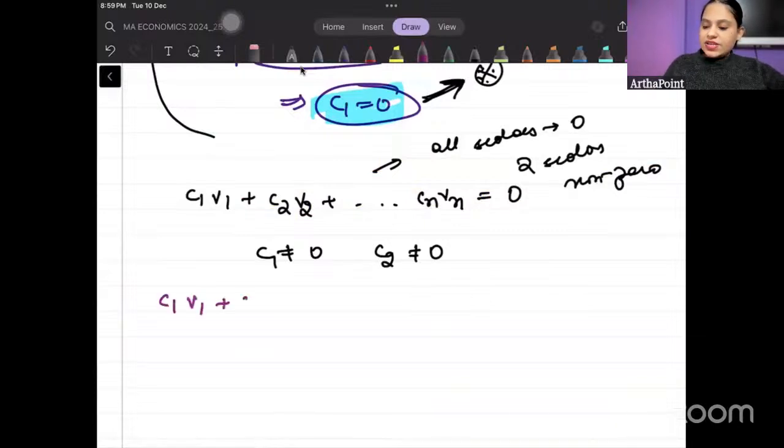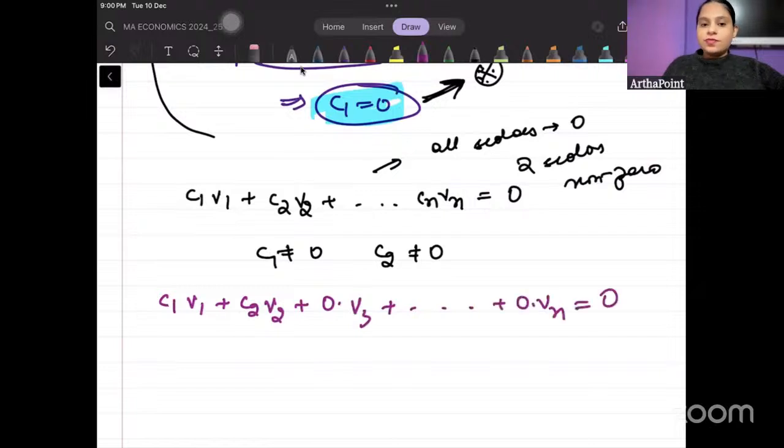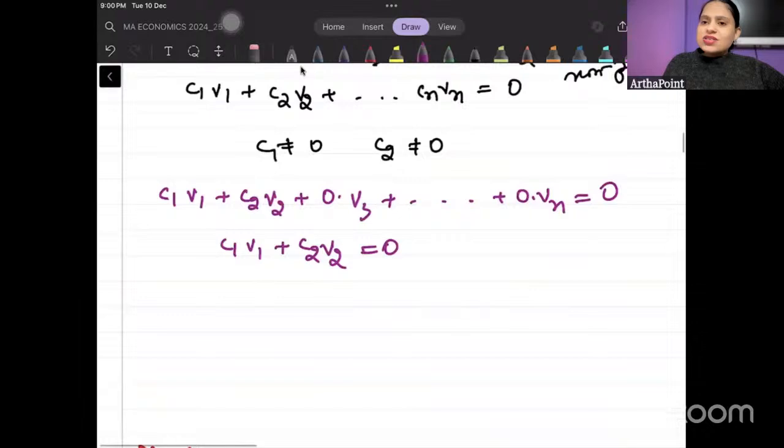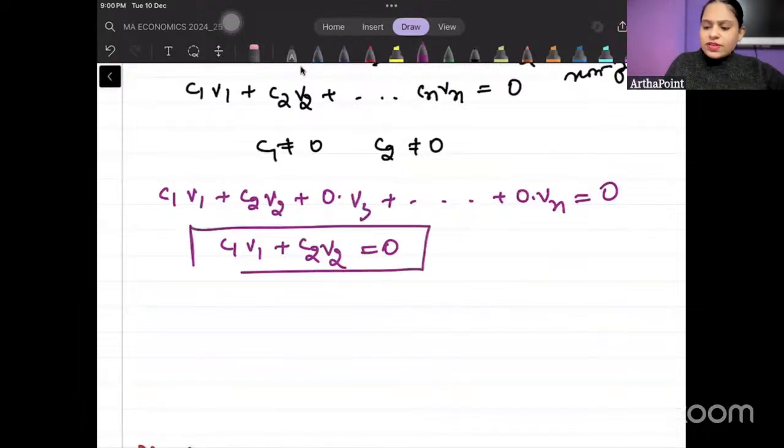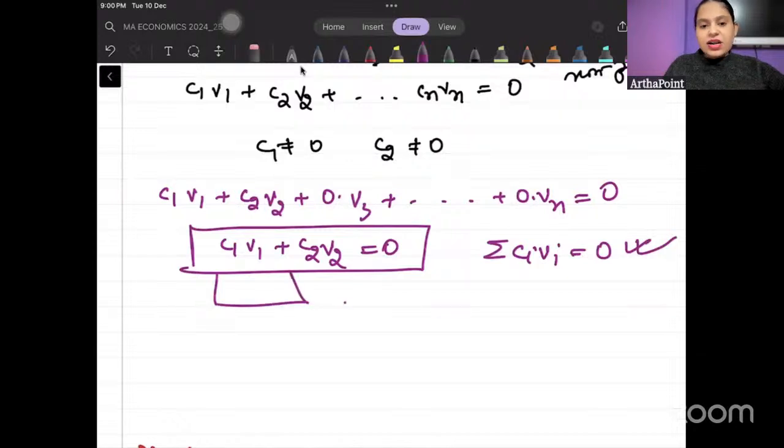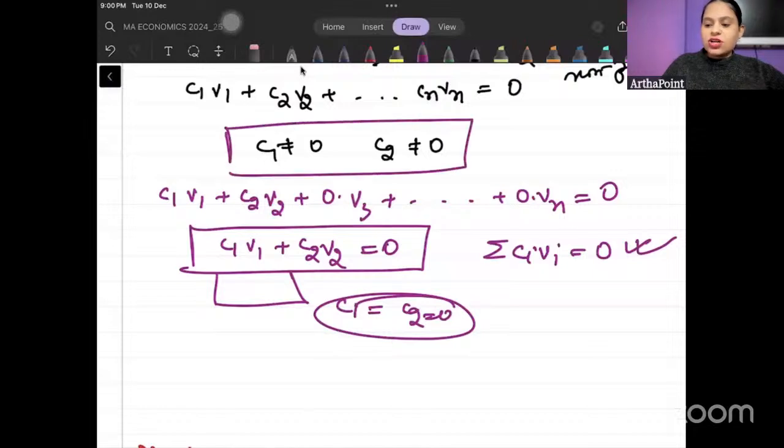C1 V1 plus C2 V2 plus 0 into V3 and so on till 0 into Vn equal to 0. So I will get C1 V1 plus C2 V2 equal to 0. Right? This is possible. There is nothing wrong with this. I am getting summation Ci Vi as 0. I am able to verify this condition and I am not from anywhere here getting that C1 and C2 are 0.